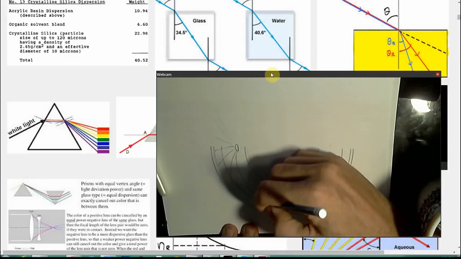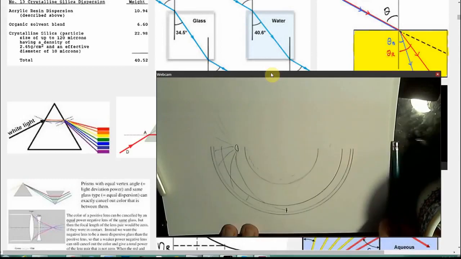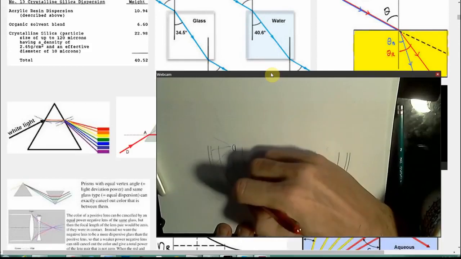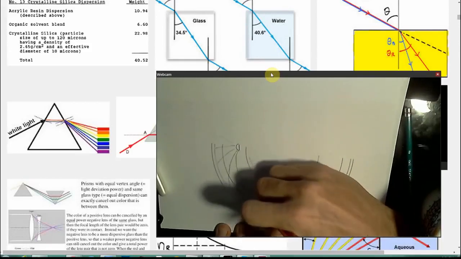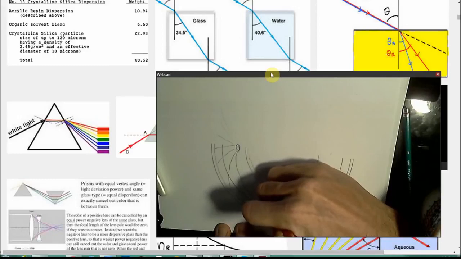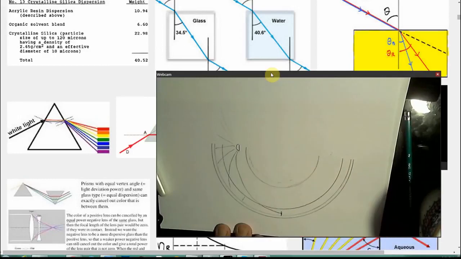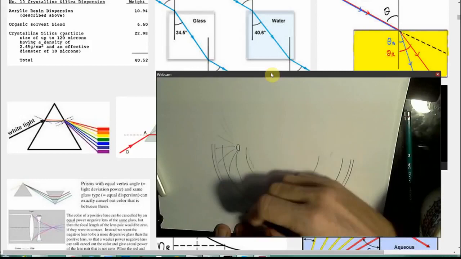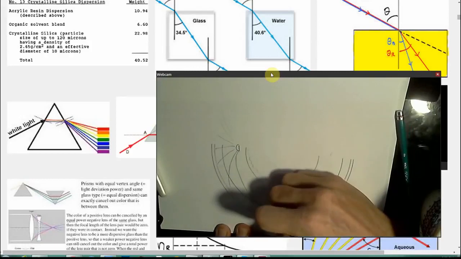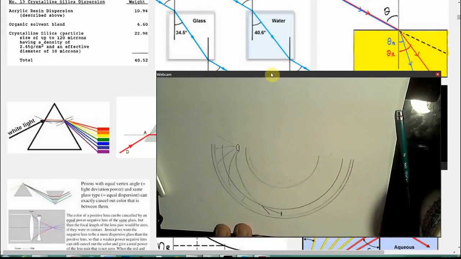When it goes through this glass sky, it gets dispersed, just like going through the prism, right guys? The white light is going through here, and the red light is the amount that's least refracted. The blue, or rather the violet light, is going to be more refracted.